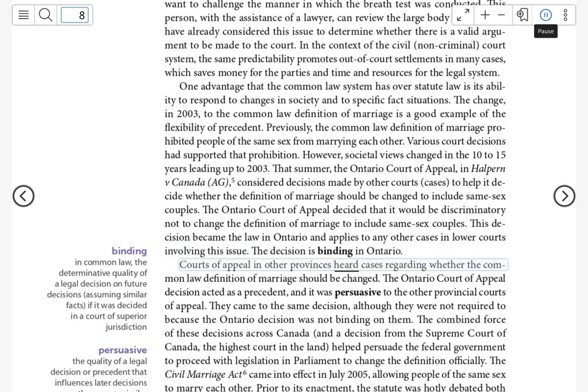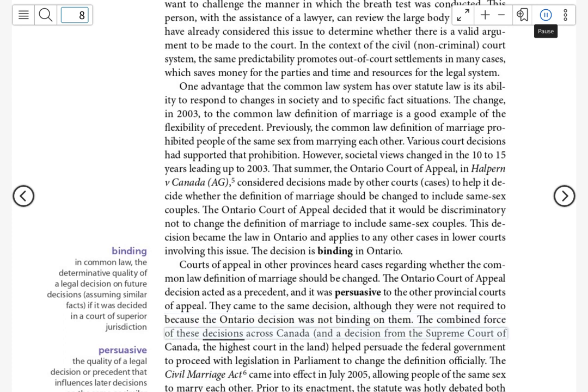Courts of appeal in other provinces heard cases regarding whether the common law definition of marriage should be changed. The Ontario Court of Appeal decision acted as a precedent, and it was persuasive to the other provincial courts of appeal. They came to the same decision, although they were not required to because the Ontario decision was not binding on them.